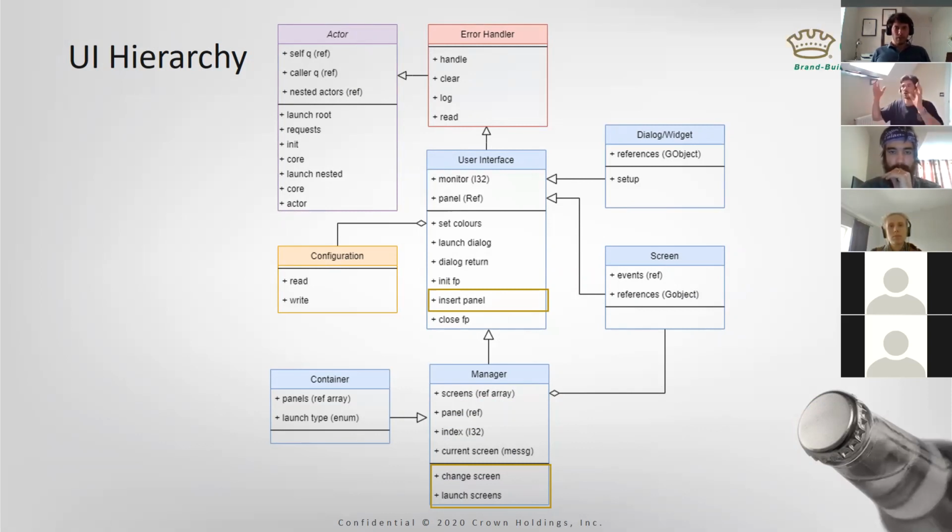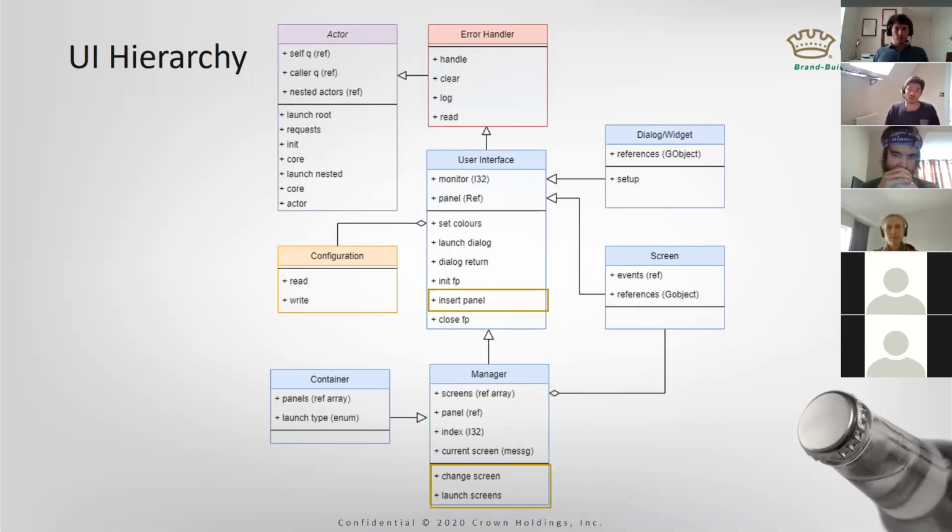And then we get on to our user interface. So the user interface has a monitor and a panel reference, so the panel that it's within. Now we basically have the ability to insert any user interface into any subpanel. And then from there you can inherit things like managers.